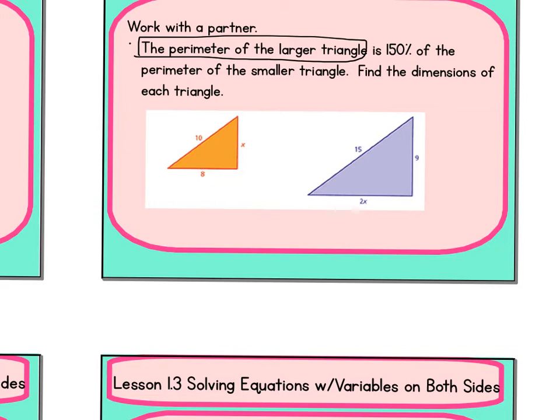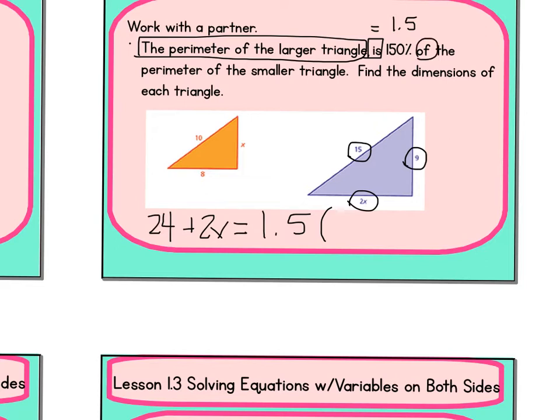The perimeter of the larger triangle is 15 plus 9, which is 24, plus we also have this 2x. The word is in math means equals, so I'm going to set that equal to 150%. If I were to write that as a decimal, would be 1.5.